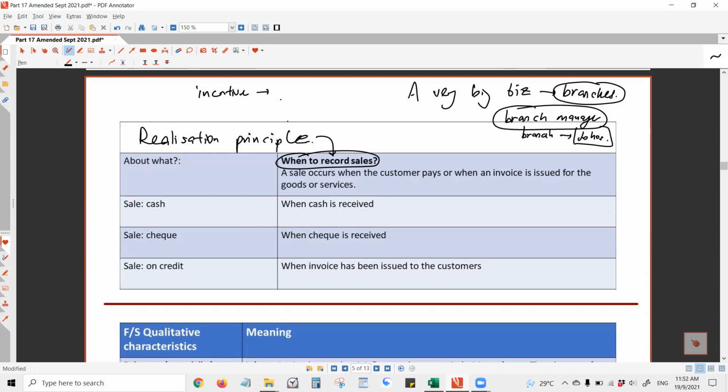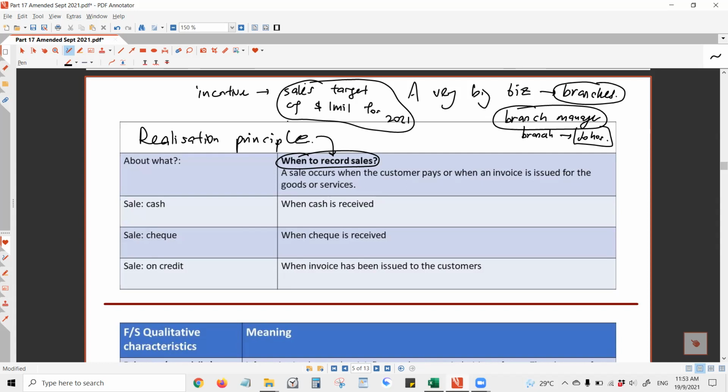You tell this branch manager that if you can hit a sales target of maybe $1 million for 2021, for example, that means you set a target. The branch manager is our worker.